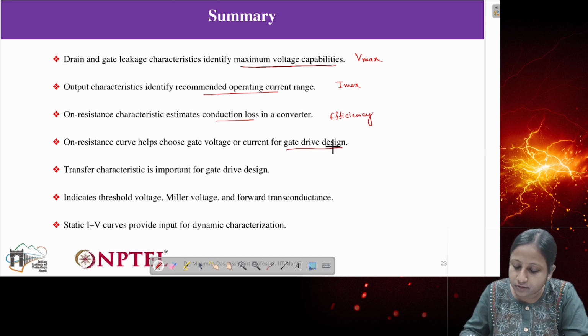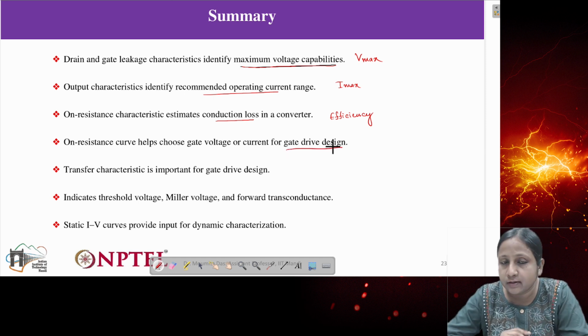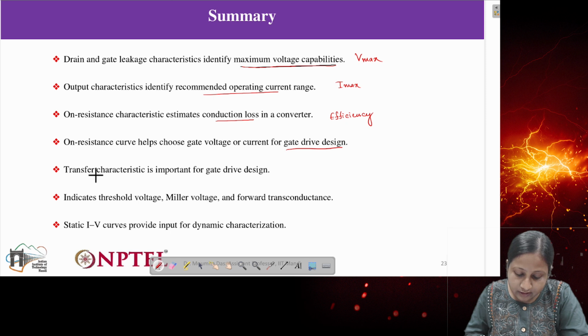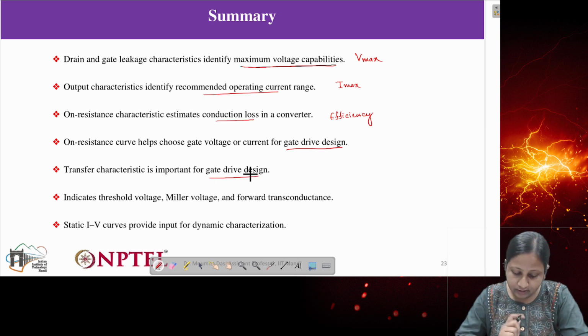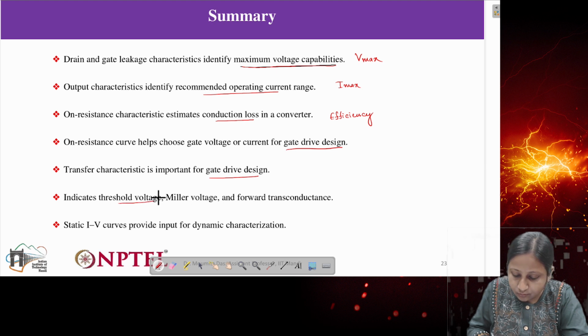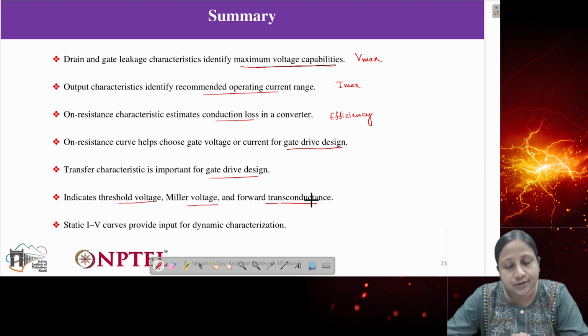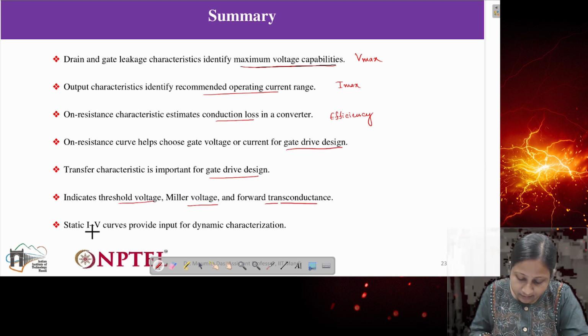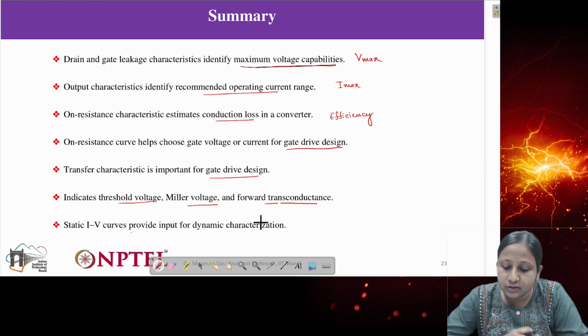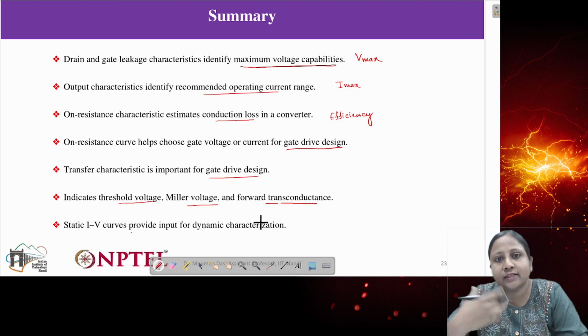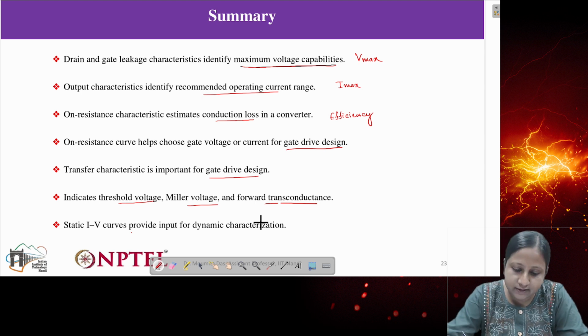This is very important because otherwise we won't be able to do dynamic characterization using this gate driver. The transfer characteristics are also important to design the gate driver. They also indicate threshold voltage, Miller voltage, and forward transconductance. Static IV curves provide input for dynamic characterization. So we get these parameters first and then we go for dynamic characterization.